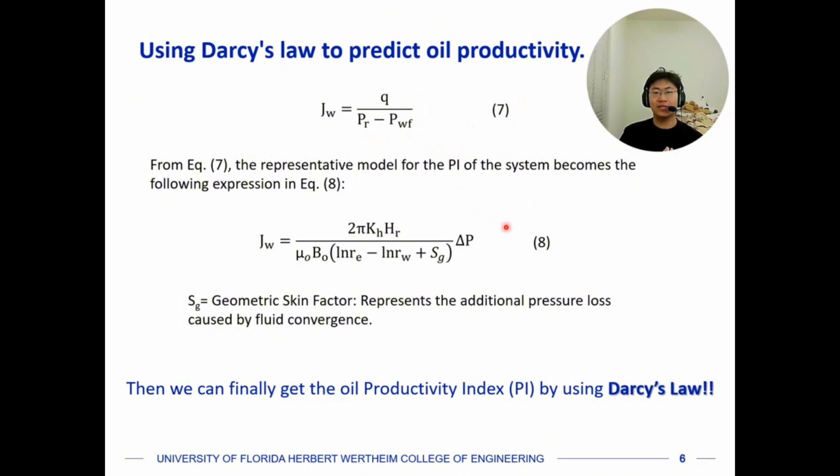Then we get equation 8, which is the J_w. And here, because there's some difference between calculation and the real world, we use S_g to fix the equation. It is the geometric gain factor.